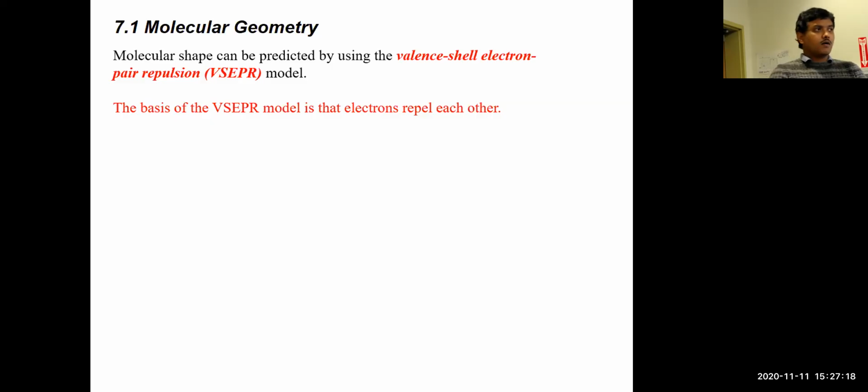Molecular shapes can be predicted using the Valence-Shell Electron-Pair Repulsion theory. In short, we call it VSEPR theory. VSEPR theory is based on the idea that negatively charged electrons repel each other. So the molecule would try to avoid those repulsions, because a molecule wants to enjoy the stability of having its octet electronic configuration.